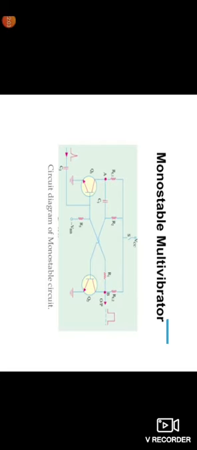This is the overall circuit diagram of the monostable multivibrator. Here when the circuit is switched on, thus VCC is applied, the transistor Q1 will be off and Q2 will be on.